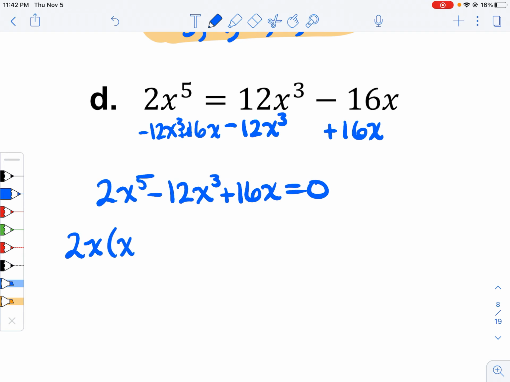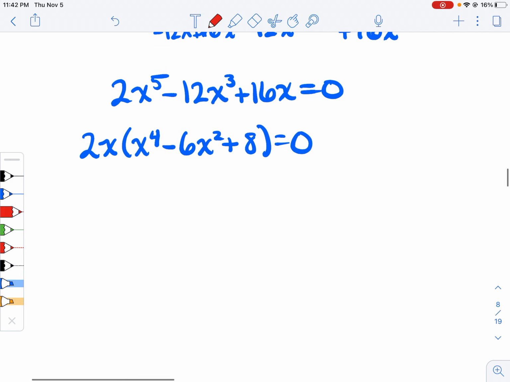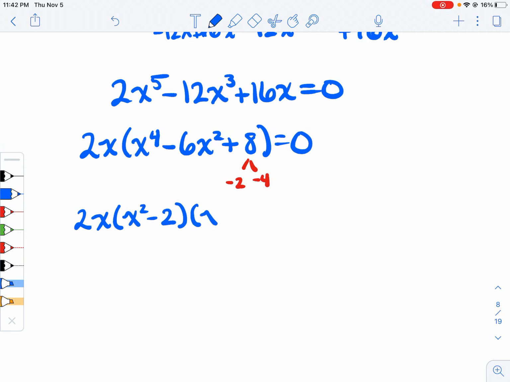So I'm left with x to the fourth minus 6x squared plus 8 equals 0. So now I need to decide what multiplies to 8 but adds to negative 6. This would be negative 2 and negative 4. So when I factor this, I'll have 2x, and then I'll have x squared minus 2, and x squared minus 4.